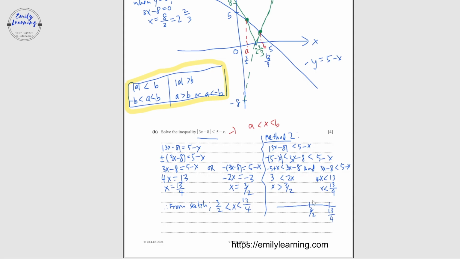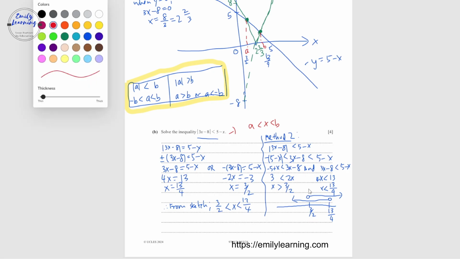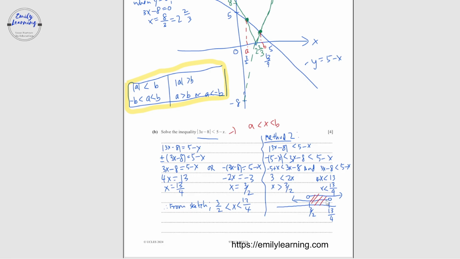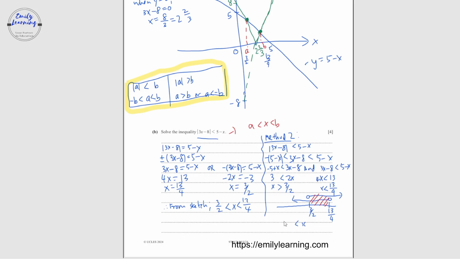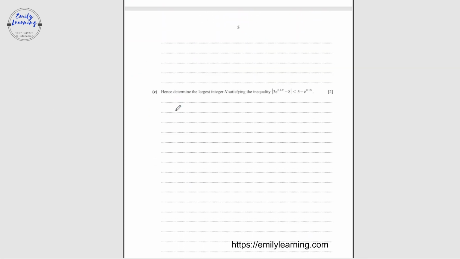So x is greater than 3 over 2, I'll draw it here. x is lesser than 13 over 4, which is here. So where's the intersection? Well, the intersection is here, right? So therefore, we have x is in between 3 over 2 and 13 over 4. And that is the solution for part B.